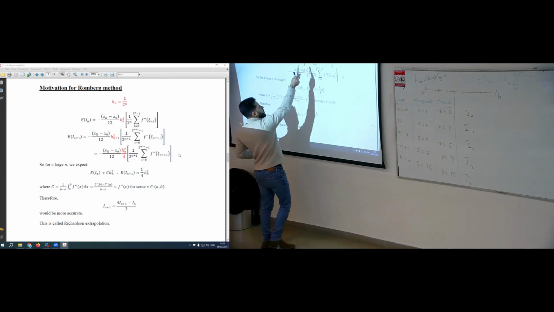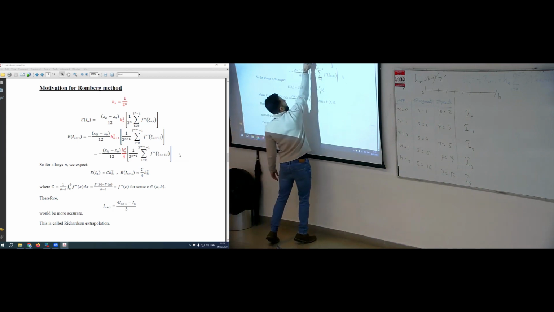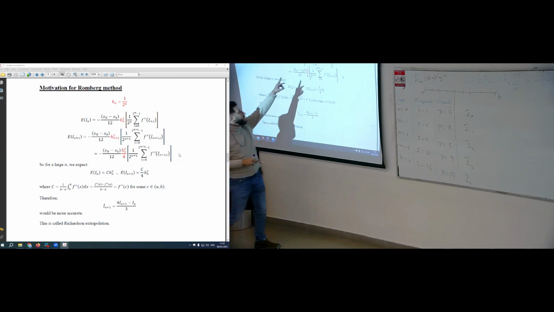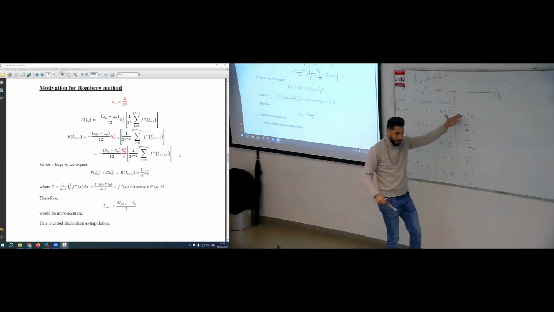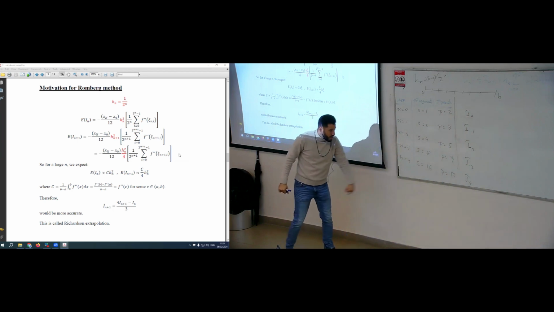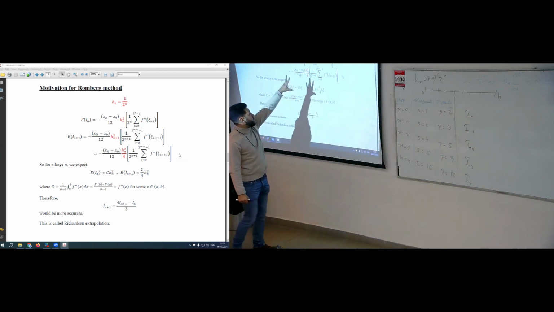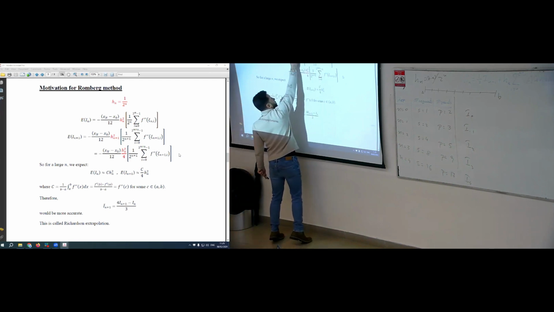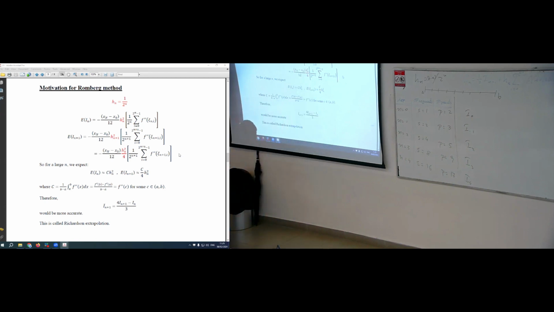This error is the average of the function plus an error. Okay. So if n is small, this error will be big. But if we are at large n's, this will be approximately the average of the function. So it's the average of the function multiplied by a constant multiplied by hn squared.